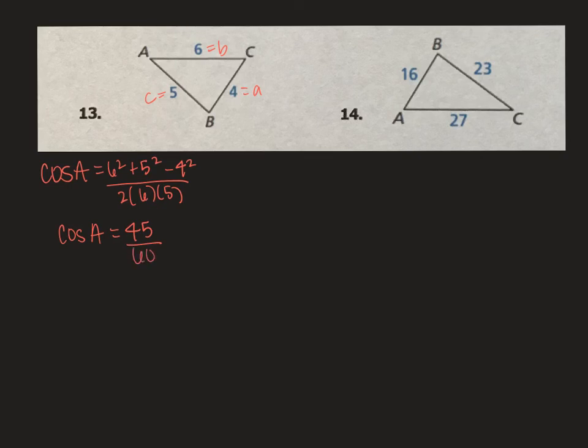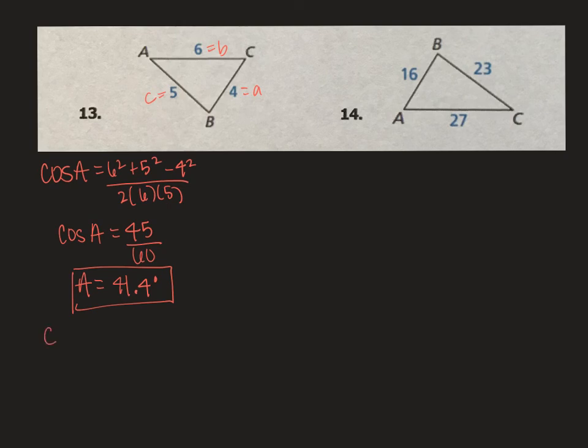So inverse cosine of 45 over 60 gives me angle A of 41.4 degrees.